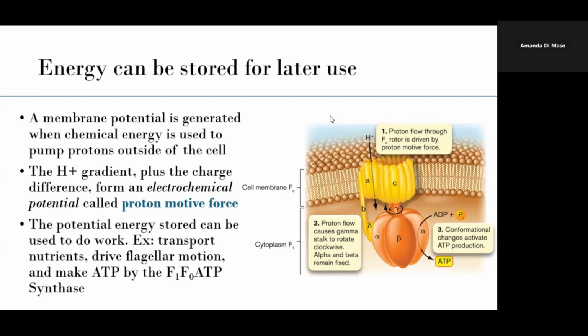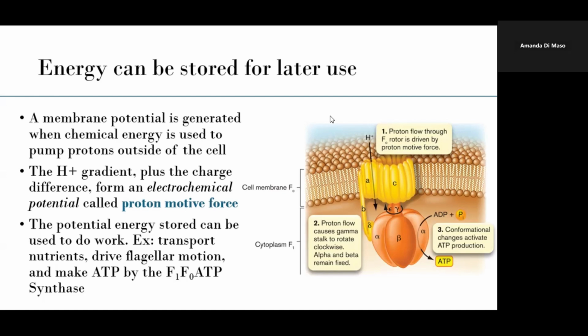We use it to move the flagella in bacteria. In us, it's a little bit different. We're more focusing on the bacteria side of things here. We use it for nutrient transport. We use proton motive force for so many things. So it's probably one of the main energy drivers in the cell. I know we hear ATP, and that is the energy molecule of the cell, but the other one is protons, and where we put them matters.